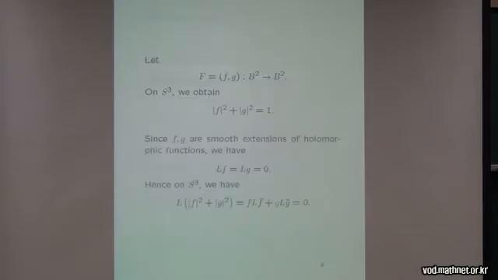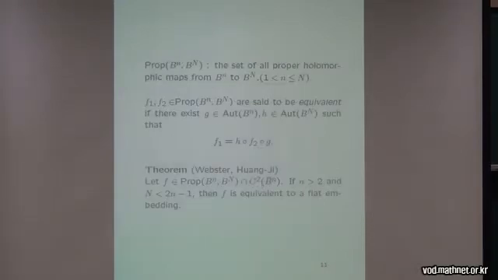But before then, we can ask a similar question for higher dimensional embeddings. So here, from a small ball to a larger ball, we can collect all proper holomorphic maps. Then these two are equivalent if F1 and F2 are the same up to automorphism actions.